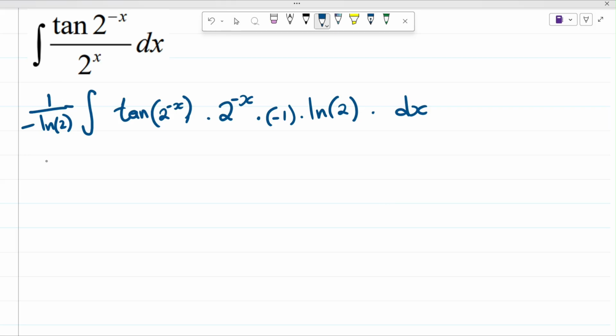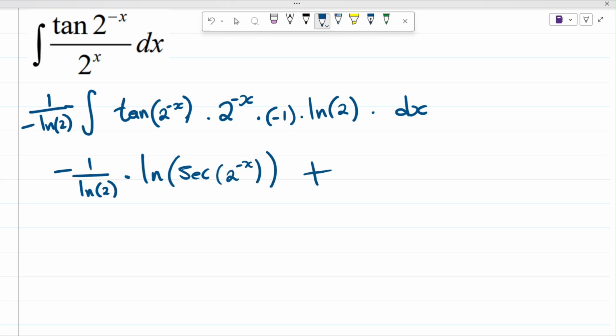So don't leave out whatever is outside there; it should be attached to the answer. So -1 over ln of 2 multiplied by whatever was differentiated to get tan, which is ln of sec of 2 to the power -x, and then plus c.